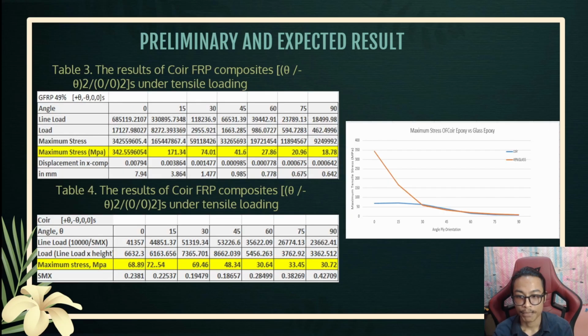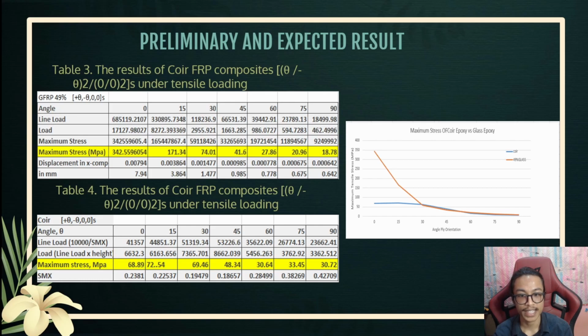Table 3 and 4 show the maximum tensile stress of glass epoxy and coir epoxy composite with various layup sequences. From the table, it is observed that the maximum tensile stress gradually decreases as the angle of fiber orientation increases.